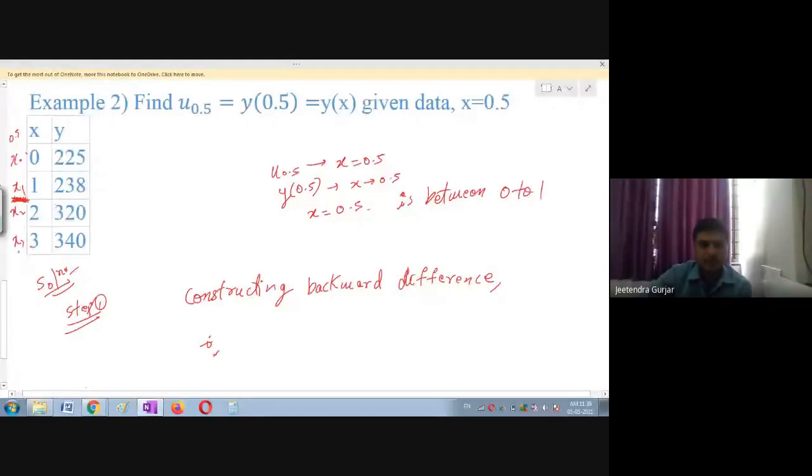So you have to be careful about these things. This is a range, right? Please remember this range first. The range of X is 0 to 3, and it is 0, 1, 2, 3. Okay, this is the range. In this range, X equal to 0.5 is above.